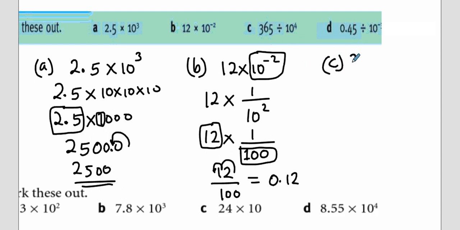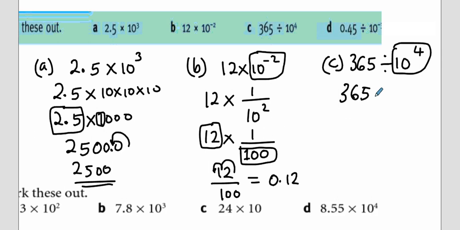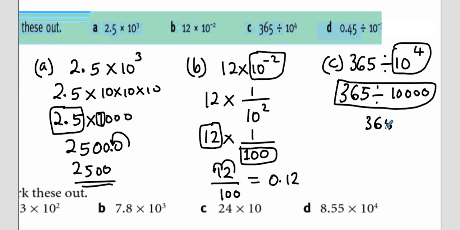We have 365 divided by 10 to the power 4. Remember our discussion? 10 to the power 4 is 10 times 10 times 10 times 10. 10 times 10 is 100, times 10 is 1,000, times 10 is 10,000. Then you write it as a fraction. So this will be 365 divided by 10,000.